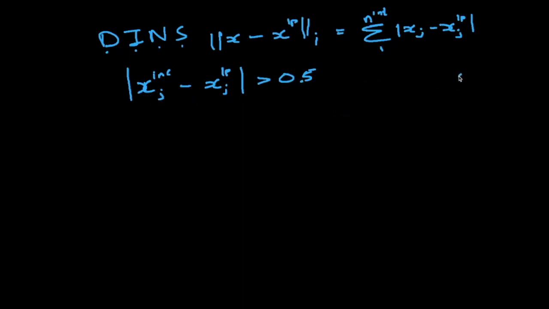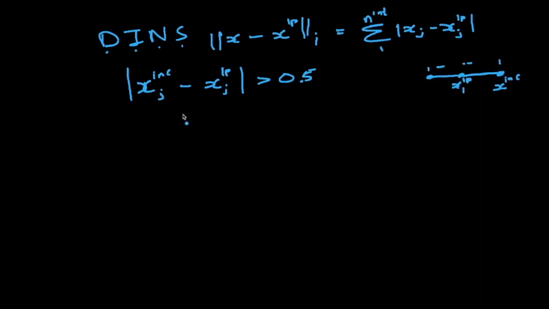Here is my LP solution, here is my integer solution, and the distance between these two is this much. So I'm going to allow you to search in this distance, plus on the other side the same distance. So this is my x LP, and this is x incumbent. This is the area in which I want to search.